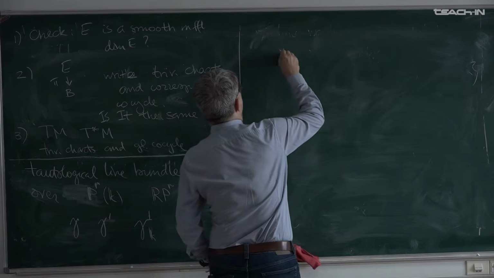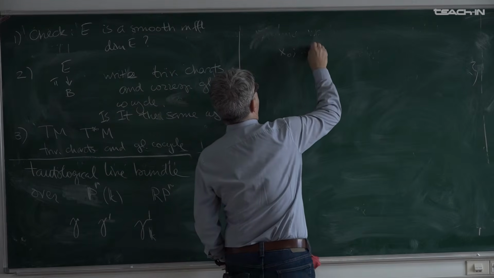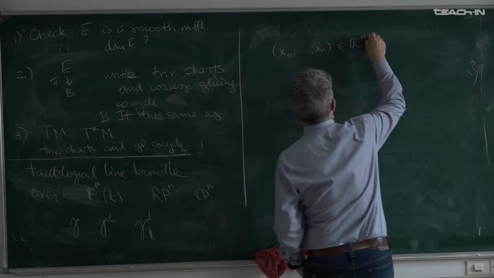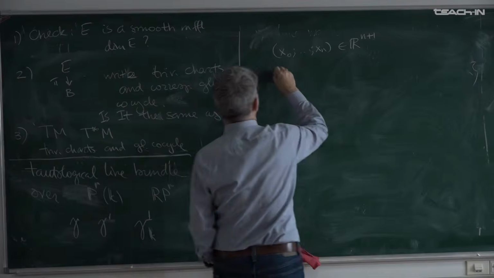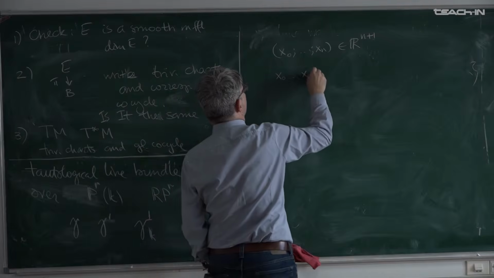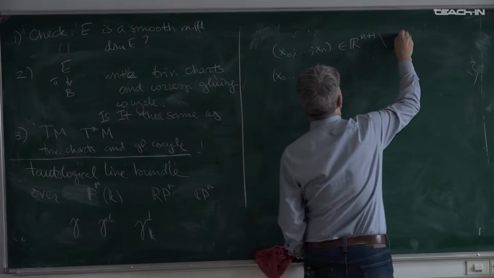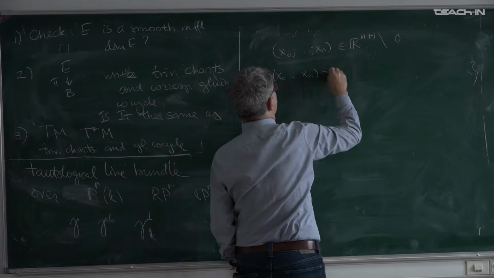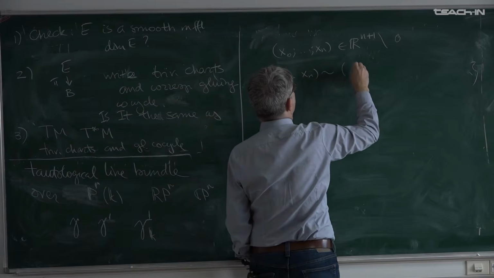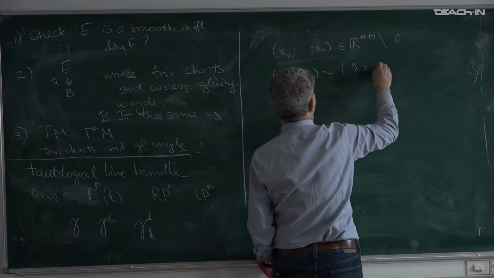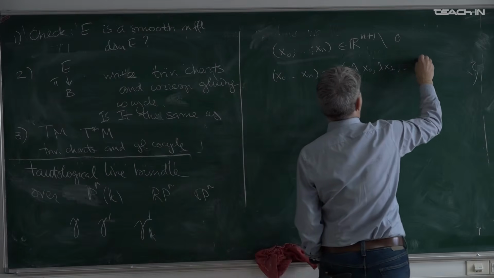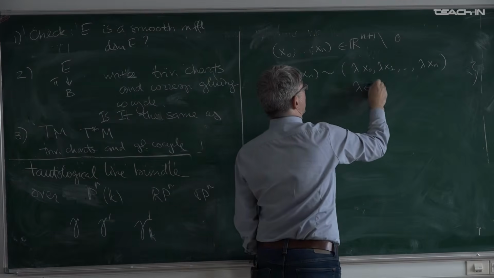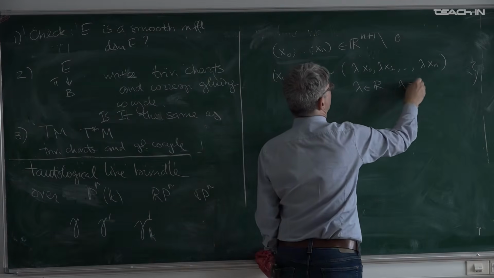So we start with points which belong to R^(n+1). We say that point (x0, ..., xn), where we omit 0, we don't allow all these numbers to be 0, is equivalent to point (λx0, λx1, ..., λxn), where λ is a real number and λ is not 0.